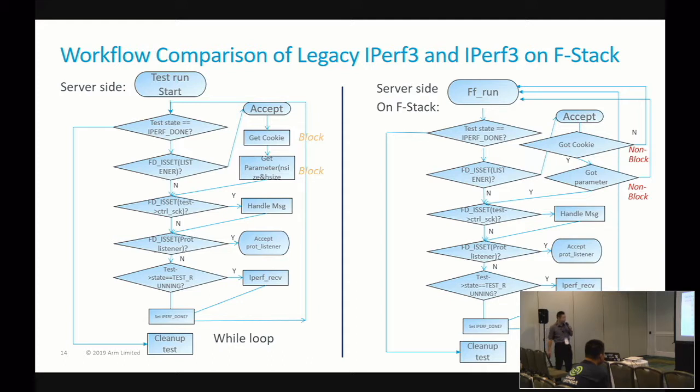But for the application on F-Stack, you cannot block anything because all the processing is in a single loop. So everything needs to be changed to a non-blocking model, for all the signal processing and message processing mechanisms.